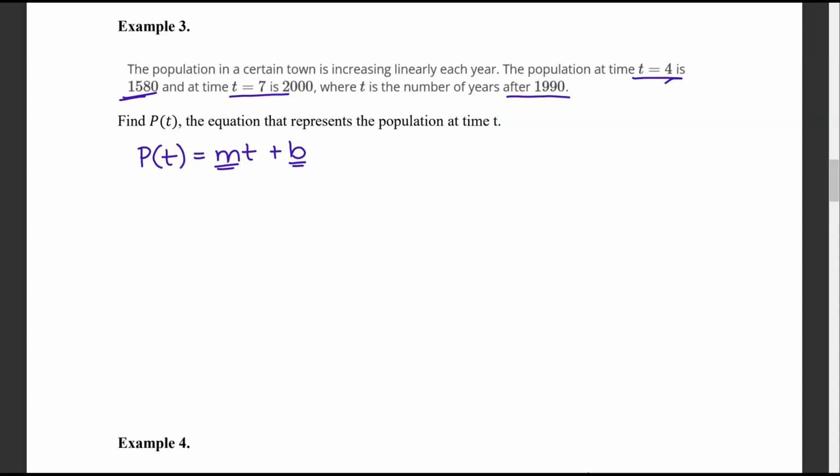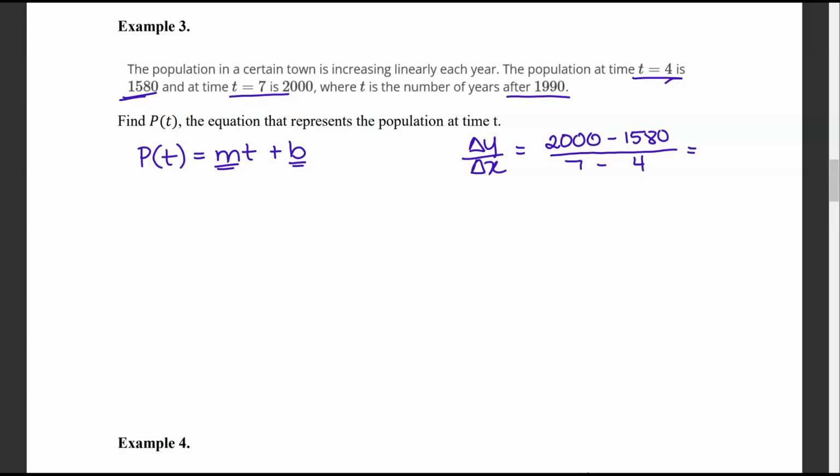So let's calculate the rate of change. So our rate of change is going to be the delta y over delta x. So we're going to have 2,000 minus 1,580 all over, and then this is going to be 7 minus 4.